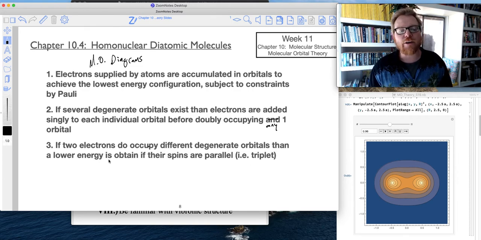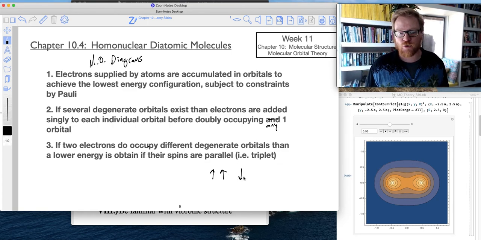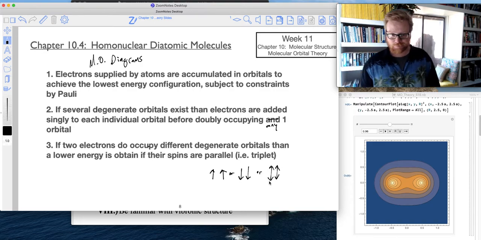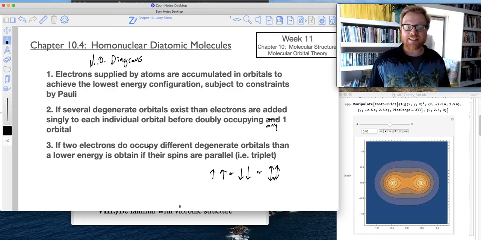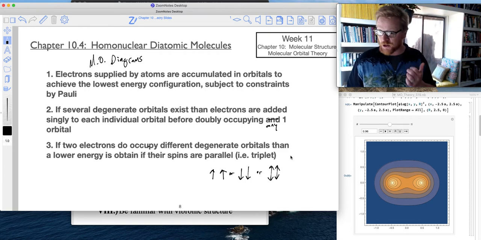A lower energy is obtained if their spins are parallel. In other words, not paired up, but both going in the same direction, which creates the triplet states. So up, down, or the superposition of either state. A triplet state in molecules actually makes a lower energy state than a singlet state. That's contrary to what you might expect.